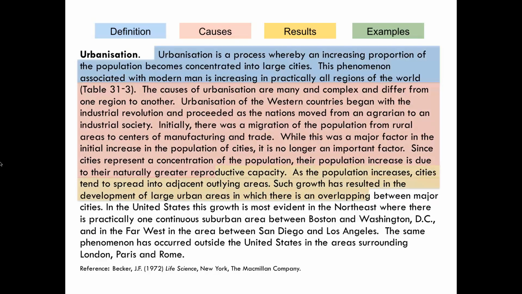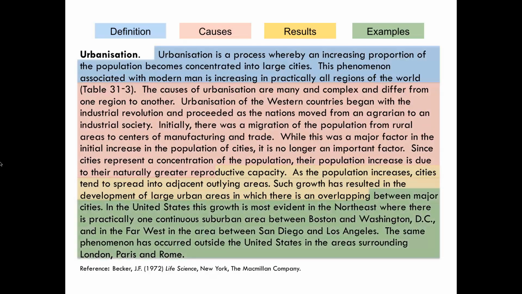And here, the results of urbanization are described. In the final stage, the writer provides examples of urbanization. Scanning a text for its structure can help you when you want to transfer information from a source. You can more efficiently find the information which is suitable for your purpose.